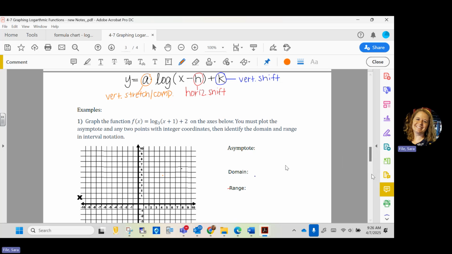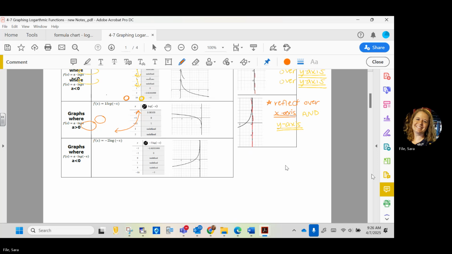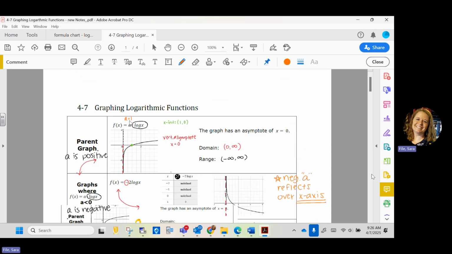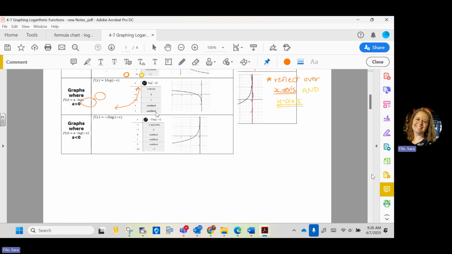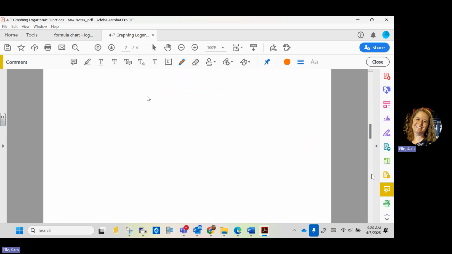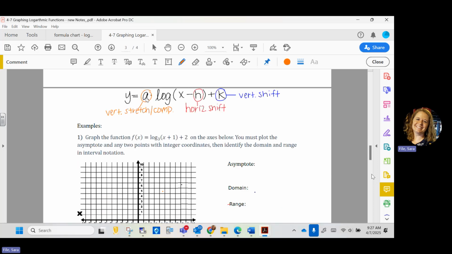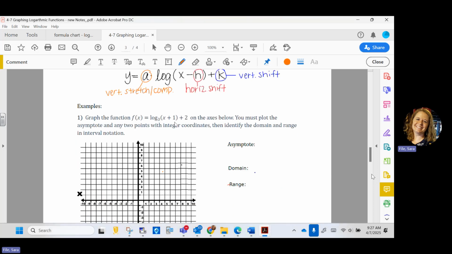Now, in the parent function, really quickly, we said that A was 1 in the parent function. What are H and K in the parent function? Is there anything added or subtracted inside or outside the log? No, so H and K are both 0 in the parent function, so that means there's no shift left or right. Okay. So now when we get to these that do have H and K values, they are moving the parent function.